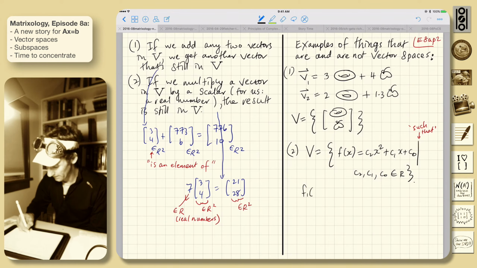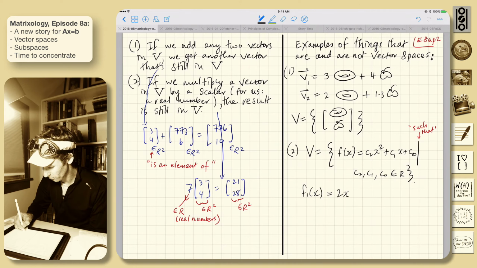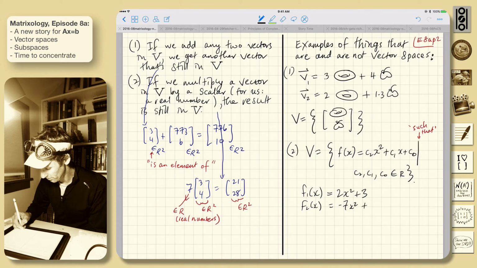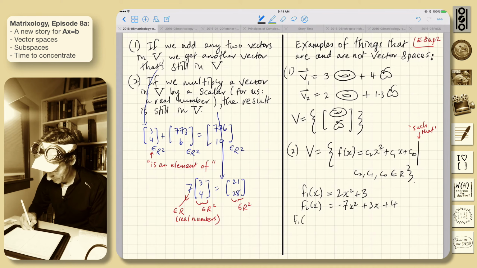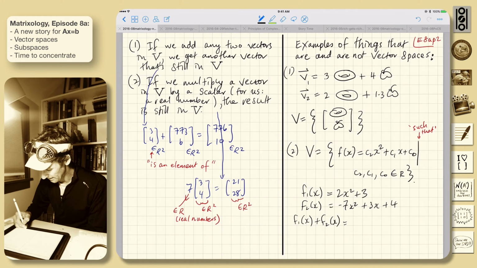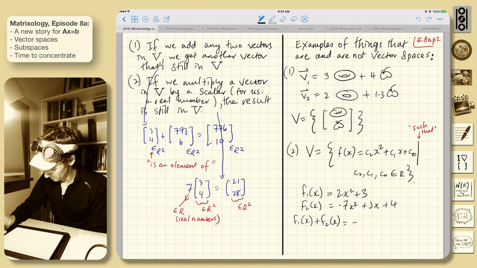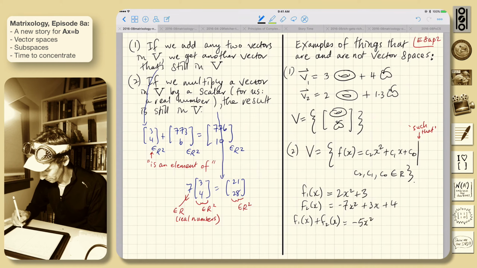So f1(x) equals 2x squared plus 3, and f2(x) equals minus 7x squared plus 3x plus 4. We can add them together. That's still a polynomial of order 2. It's never going to pop out of that box. So this is going to be minus 5x squared plus 3x plus 7.